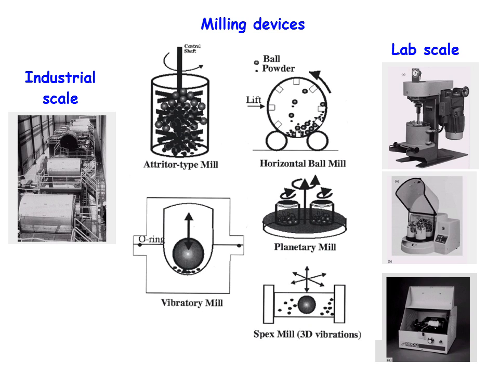A very popular one is the planetary mill. So you have here two cavities where you have your sample and the balls, and then you have two axes of rotation, like planets. They turn around the sun, so this is the axis of the sun, and then around their own axis, and this creates a random movement of the balls. These are the types, and you see some examples here of pictures of such devices.